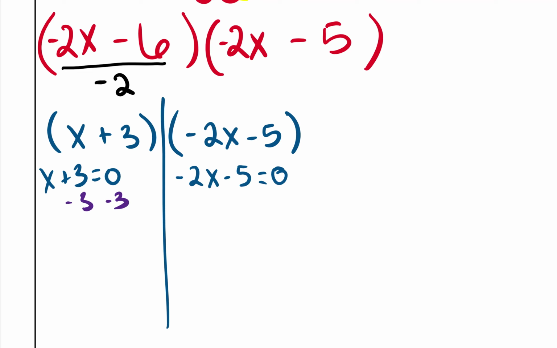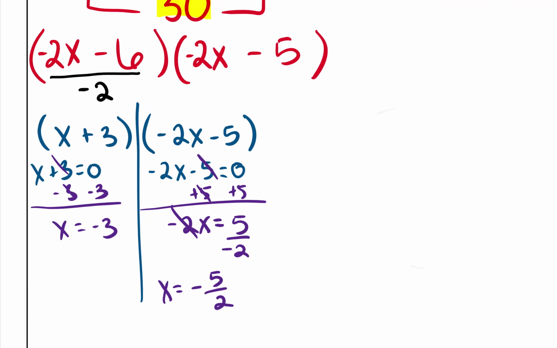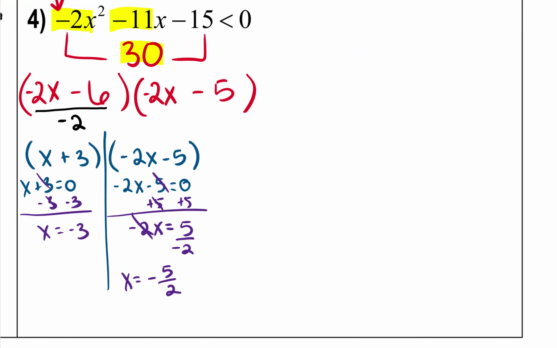So -3 on both sides, x equals -3, and add 5 on both sides, divide by -2. So again, I get another fraction, but that's okay. So those are my critical points. Those are the points where the graph goes positive or negative, and switches.